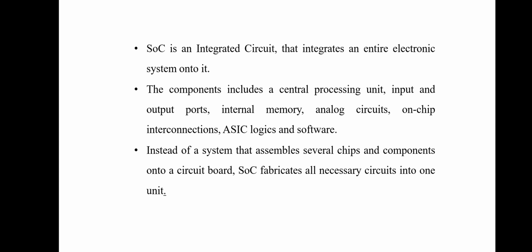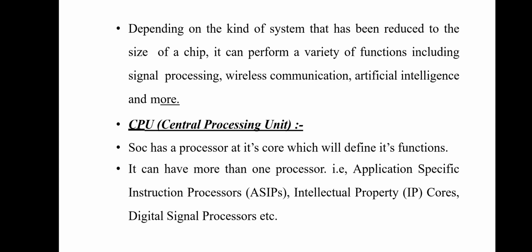Instead of a system that assembles several chips and components onto a circuit board, SoC fabricates all necessary circuits into one unit. That means the entire system is on a single chip, depending on the kind of system that has been reduced to the size of a chip. It can perform a variety of functions including signal processing, wireless communication, artificial intelligence and more.